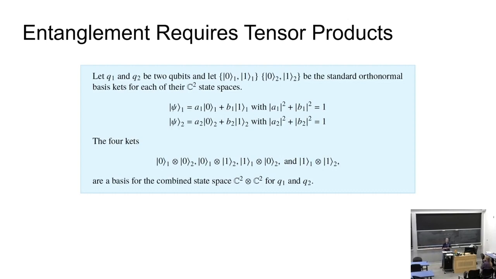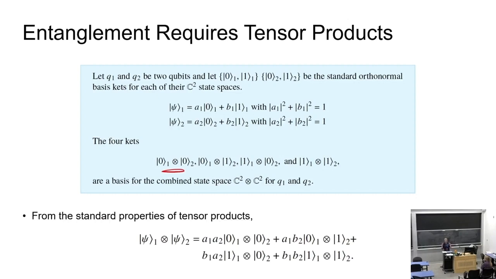So that gives us the 4 kets shown here. We have the tensor product of |0₁⟩ with |0₂⟩, |0₁⟩ with |1₂⟩, |1₁⟩ with |0₂⟩, and |1₁⟩ with |1₂⟩. And those are our basis for our combined state space for our 2 qubits.